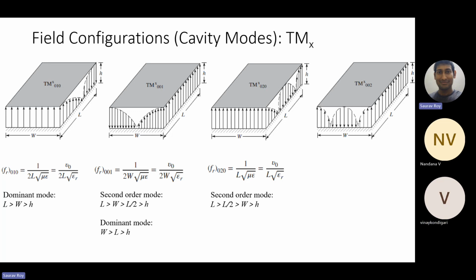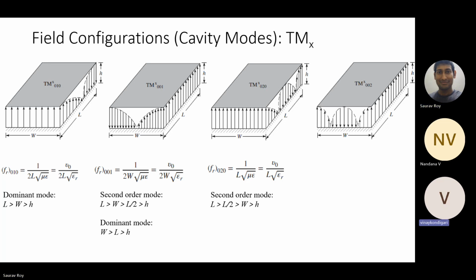One of the main characteristics of an antenna is radiation efficiency. If you excite the antenna only at the dominant mode, very little energy will be wasted in losses in the cavity modes, so antenna efficiency will be higher. If you excite the same antenna in the third or fourth order mode, there will be more and more losses in the cavity because of metallic loss and dielectric loss. That's why antenna radiation efficiency reduces.